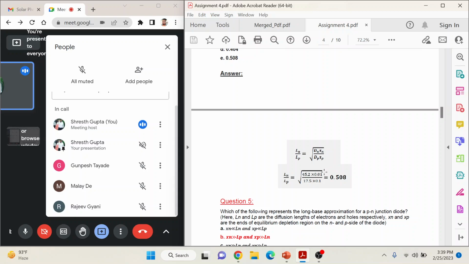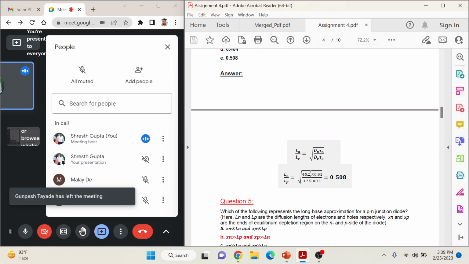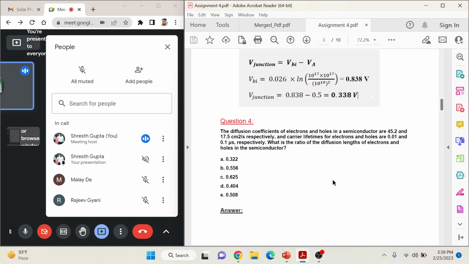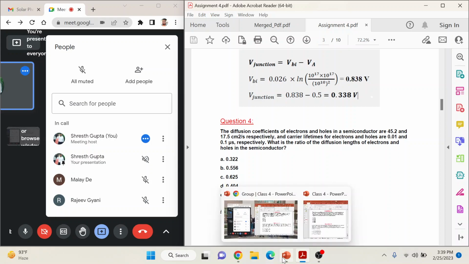We put in the values: 45.2 times 0.01 over 17.5 times 0.1, took the under root of it, and the answer is 0.508. So Ln over Lp is 0.508. Okay, is it okay, Male?